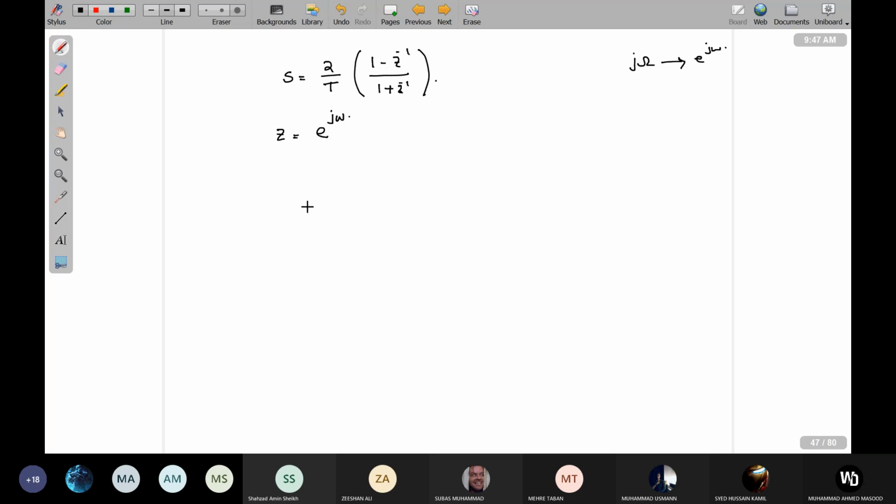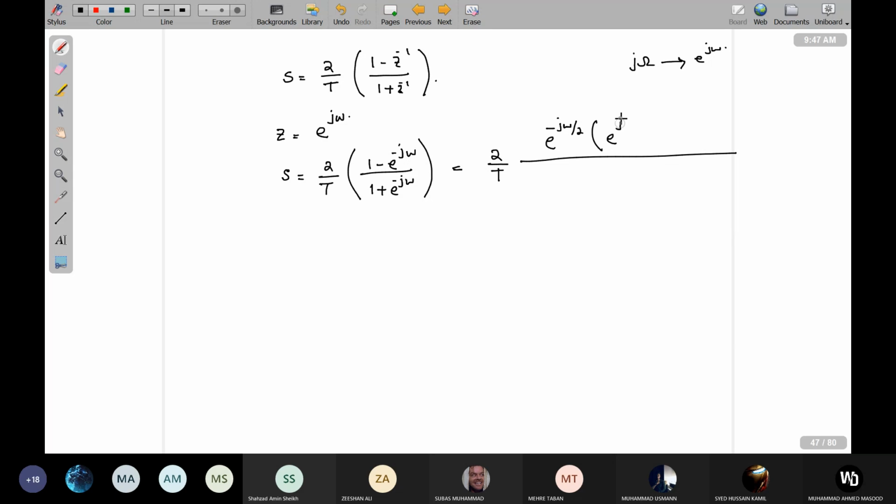So Z is equal to exponential j omega अगर मैं करता हूँ तो in fact क्या situation हो जाएगी, S will be equal to 2 over T, (1 minus exponential minus j omega) divided by (1 plus exponential minus j omega), and that is in fact equal to 2 over T, exponential minus j omega by 2 times (exponential j omega by 2 minus exponential minus j omega by 2).